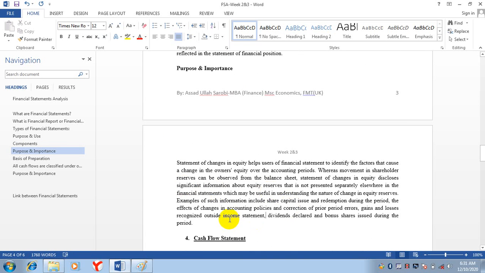The purpose of the statement of changes in equity is that it gives us detailed information about changes in equity, whereas the balance sheet is not providing us such detailed information.